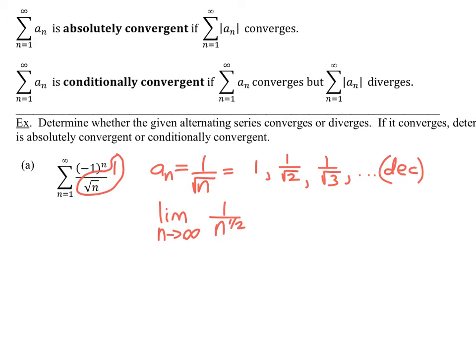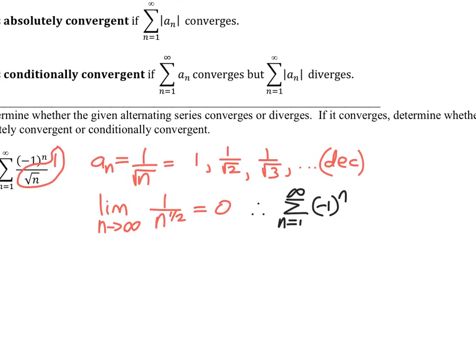All right, and so that's going to be equal to 0. So therefore, the series from n equals 1 to infinity of -1 to the nth times a sub n converges by the alternating series test.